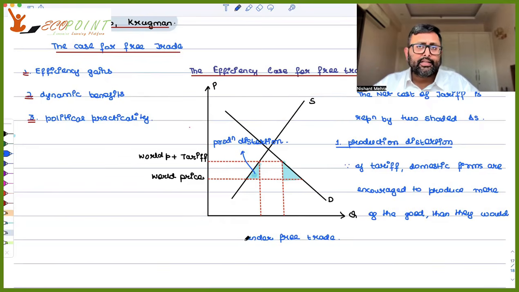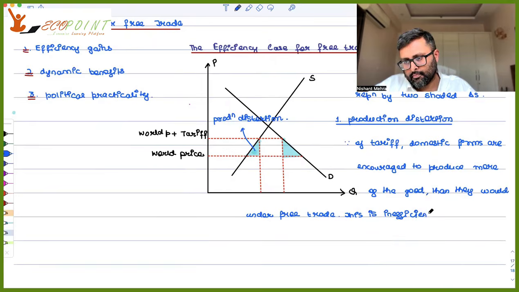Isn't it inefficient? It is inefficient because the cost of producing these extra units is higher in the domestic market as compared to just buying them in the world market.